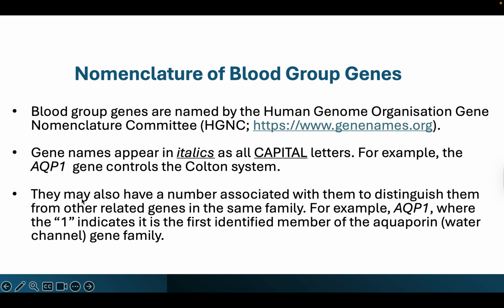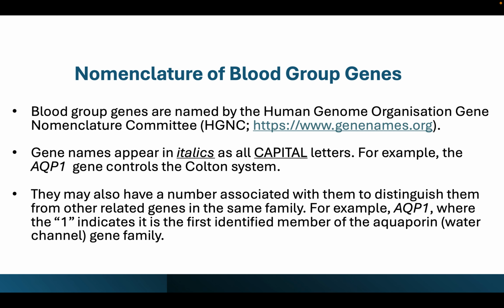Let's see. Gene names may also have a number associated with them to distinguish them from other related genes in the same family. So for example, AQP1, there is also AQP2, 3, and 4. They all have the same function.